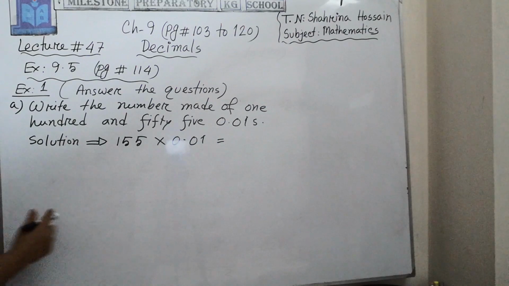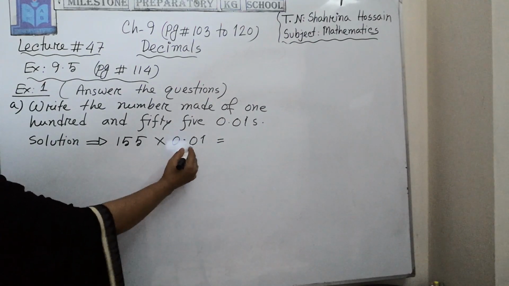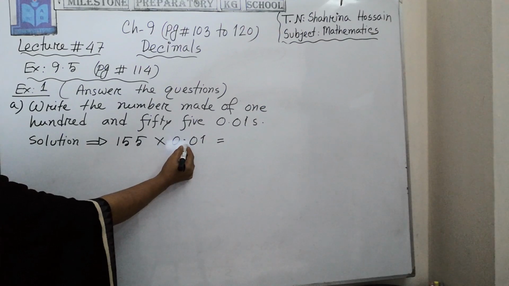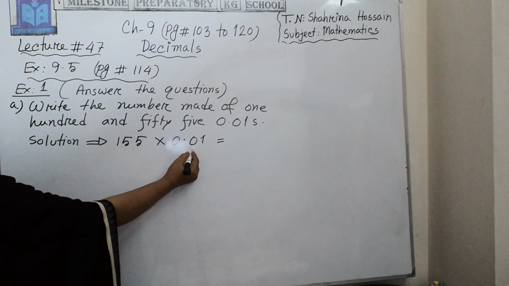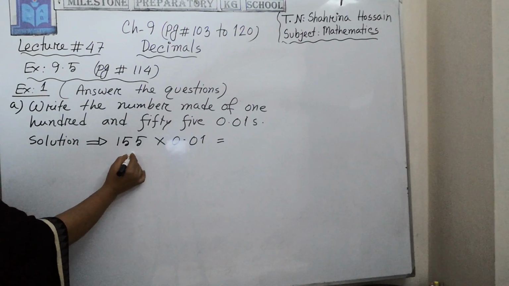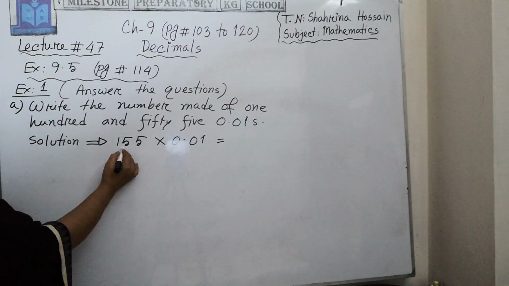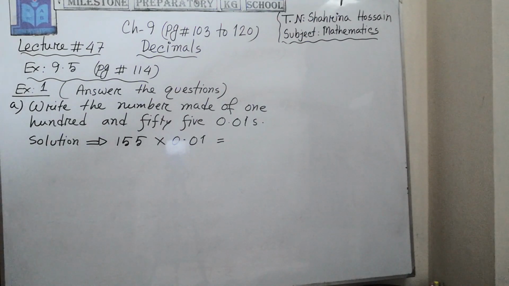This is the first thing we should know, where is the position of the point. Here the point's position means after the point there are 2 digits. So when we multiply with a number, this time we will put the point in the same position.